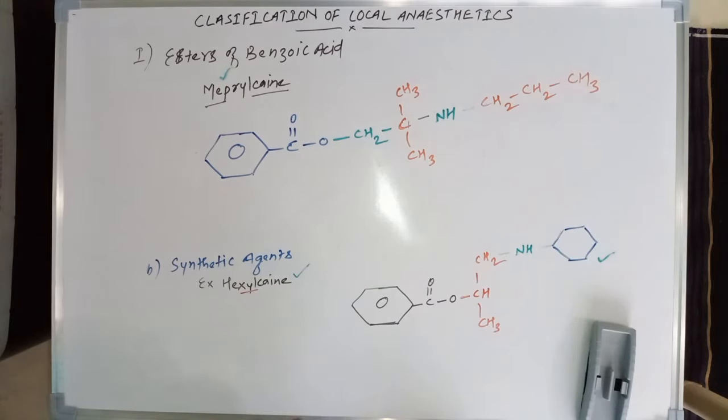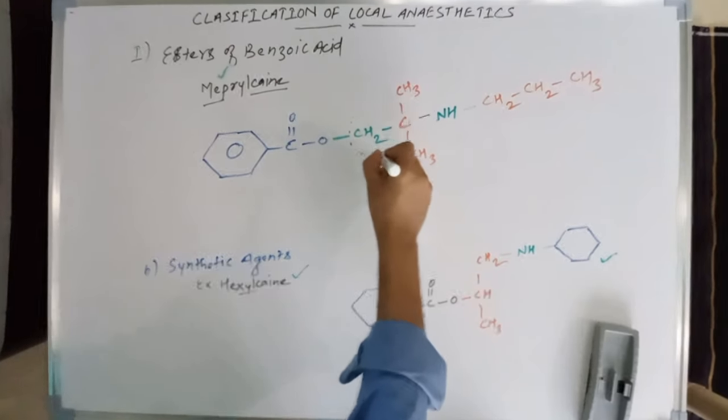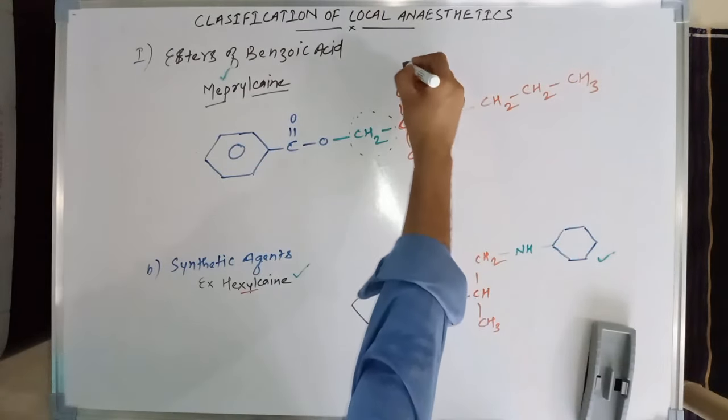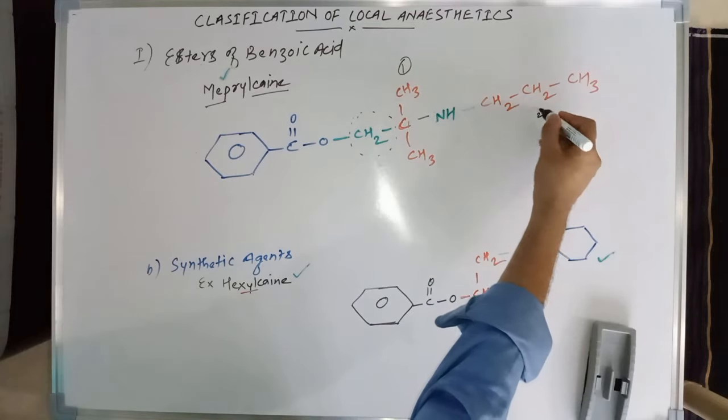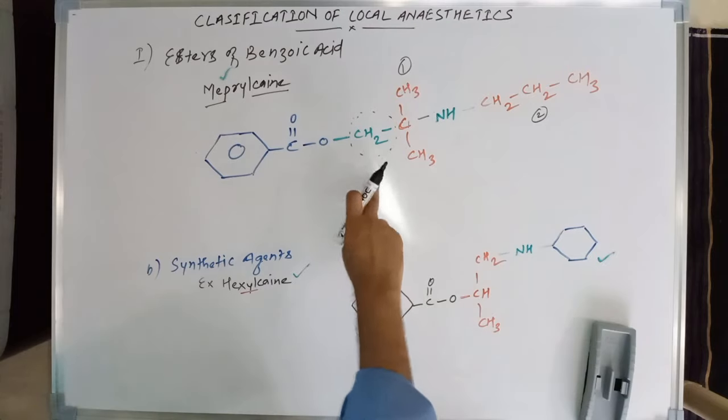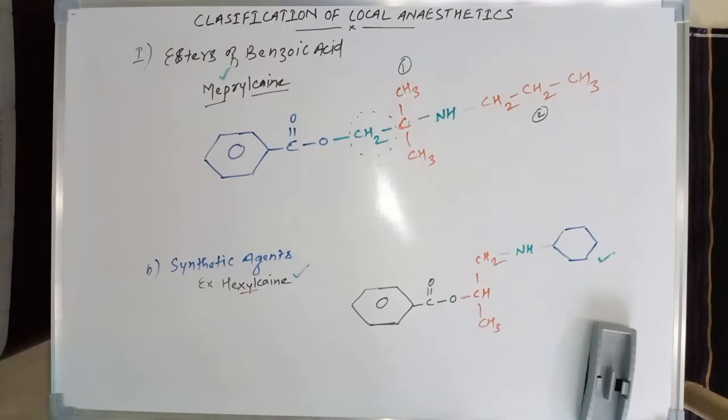This is your methyl group, this is your first propyl and this is your second propyl. That's why its name is mepryl caine. Methyl and two propyl moieties are there. So this is your ester of benzoic acid.